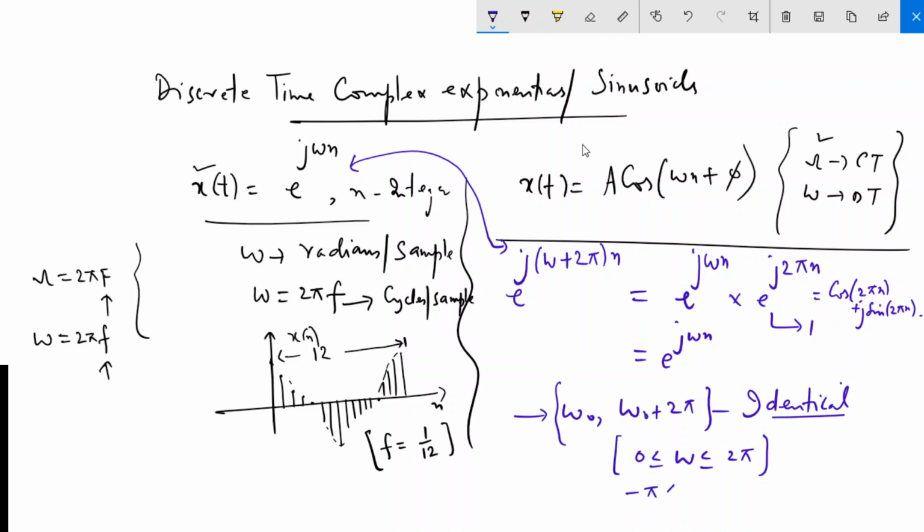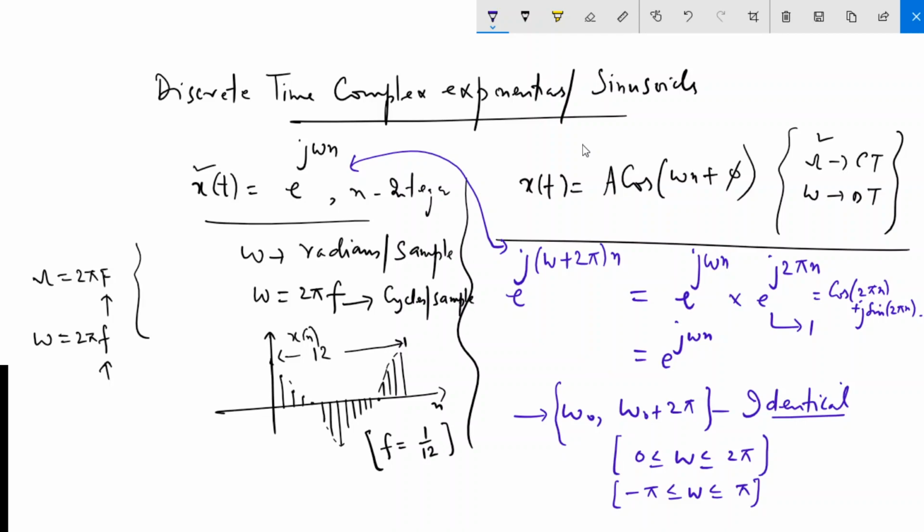Or it can be from minus pi to pi. This is called the fundamental frequency range. Okay. So within a band of 2 pi, the signals are different. If you go beyond 2 pi, the signals will start repeating themselves.